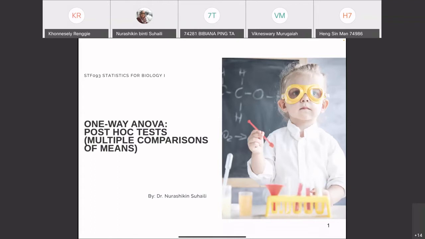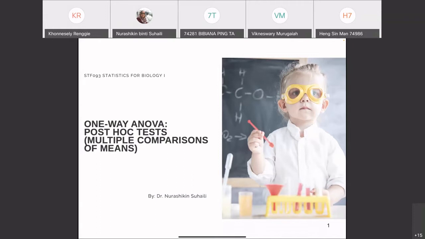Okay, so for one-way ANOVA, I think we went through the steps before. It's the same. We set the hypothesis. We want to know whether there is a difference in all the samples that we are analyzing. The alternative says that there is a difference, the null hypothesis says there is no difference, and you have to create the ANOVA table. I'm just recapping what we discussed before.